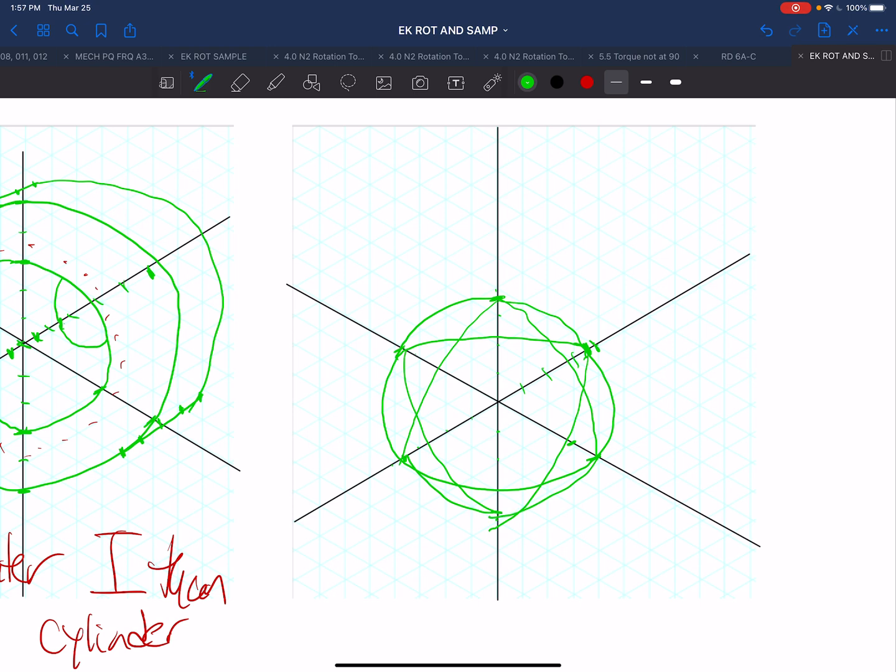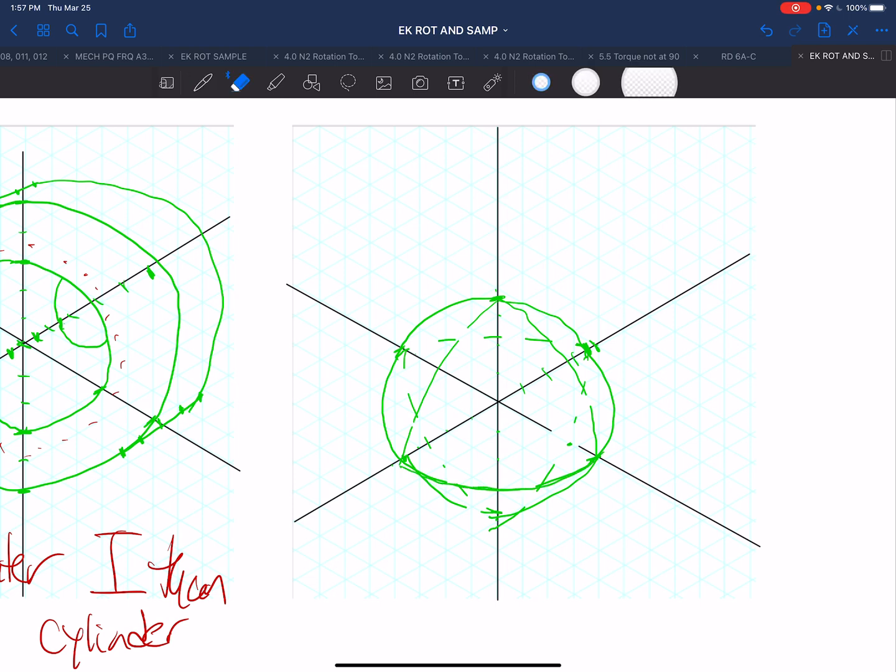Now we should probably make these dotted where they're behind. That's behind. That's behind. And that's behind, giving us a solid out there like so.